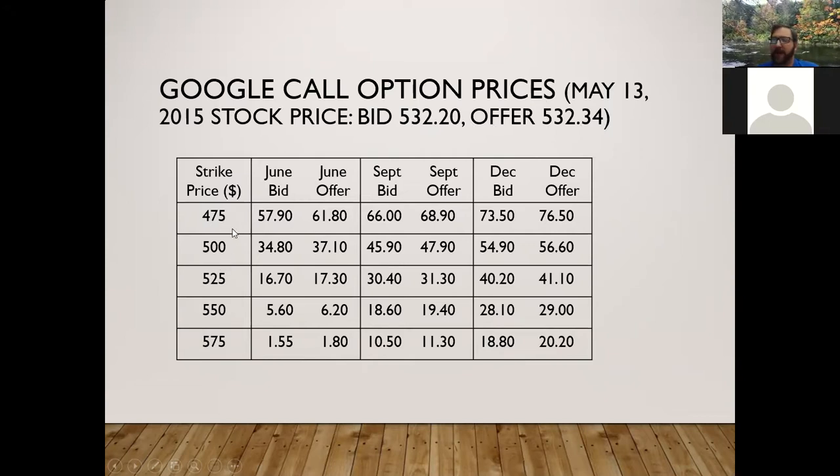You see here, 475, 500, 525, 550, 575. And if you notice, as you go up, this price drops off, right? And that's because if it's currently trading at 532 and I have the right to buy it at 475, that's what we call in the money, right? It's already worth more than that, right? So of course, this is going to have a lot of value, right? Because that difference in price is already built in.